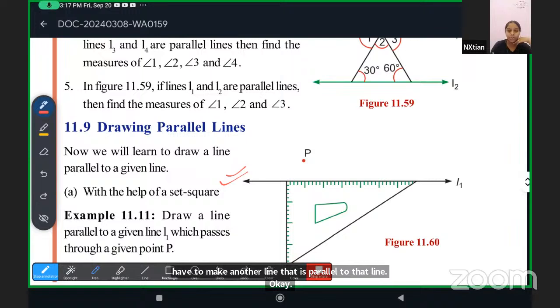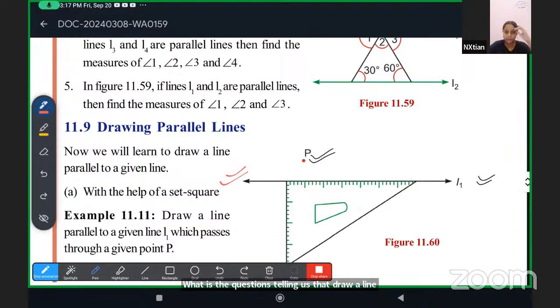Above that line, point P is given. This line L1 and this P point are given. Draw a line through the P point which is parallel to L1.